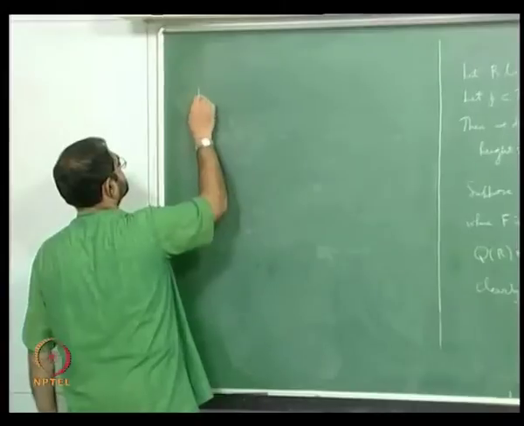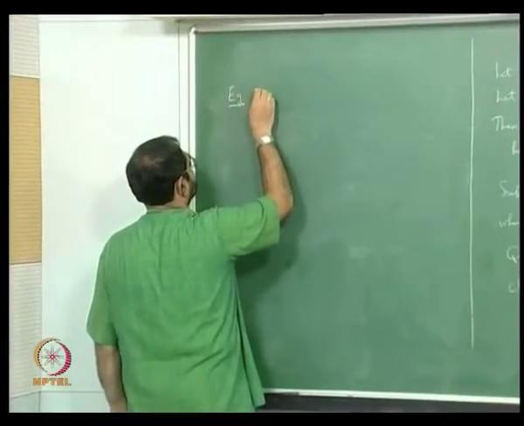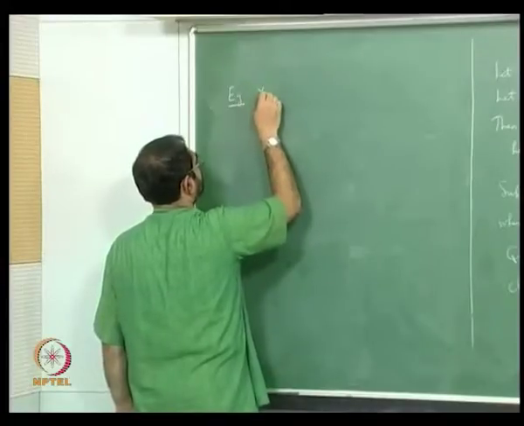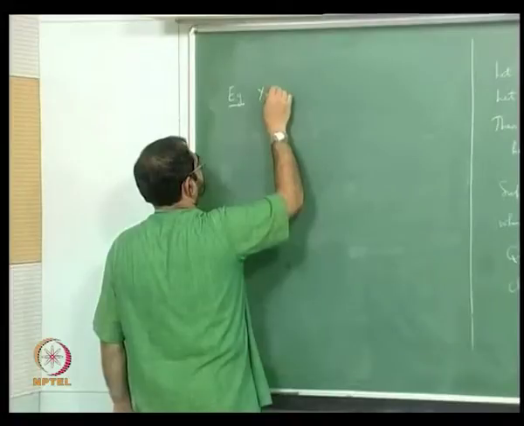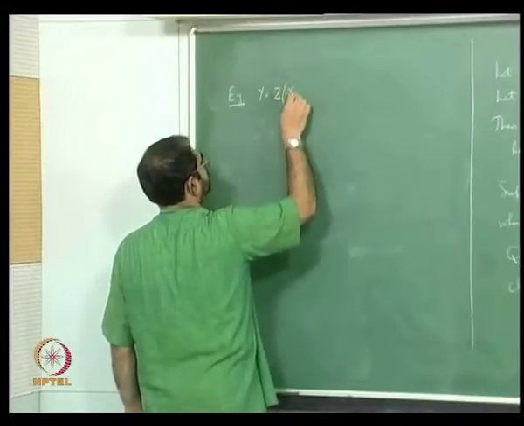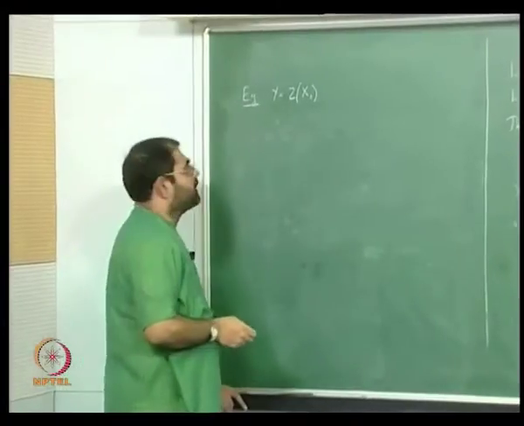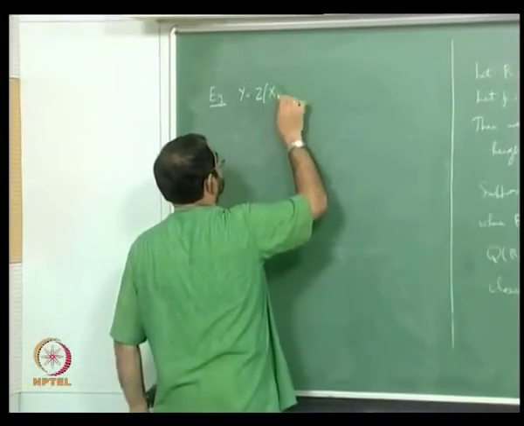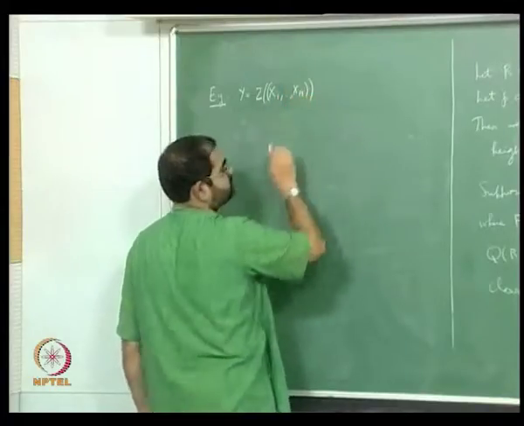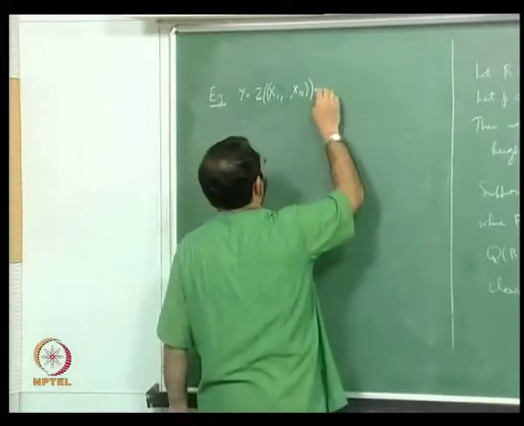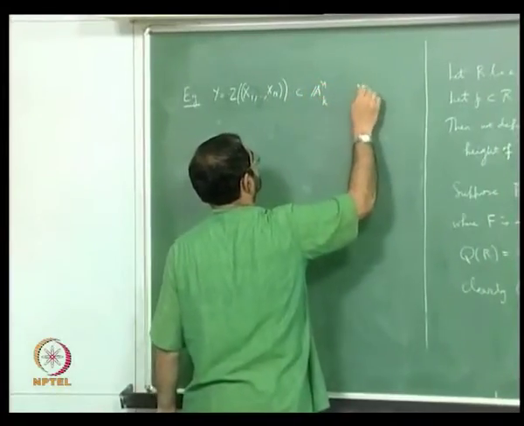As an example, you can look at Y equal to Z(x1), or more generally suppose I take the ideal generated by x1 through xr inside affine space, where r is less than or equal to n.